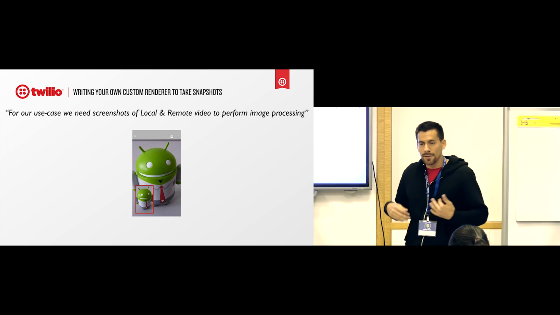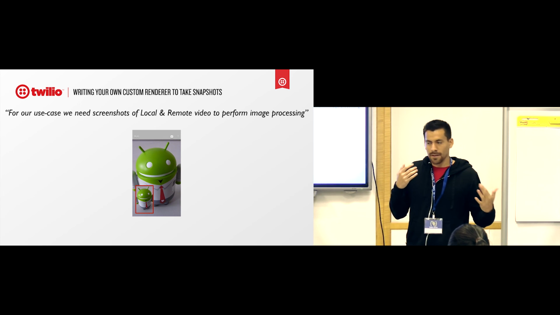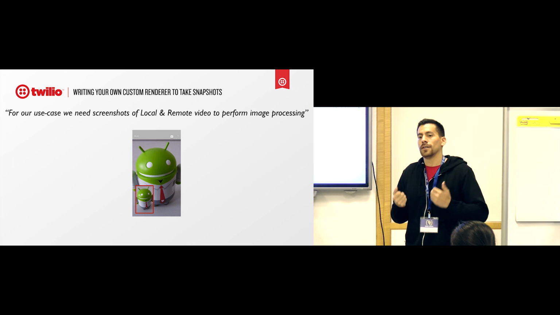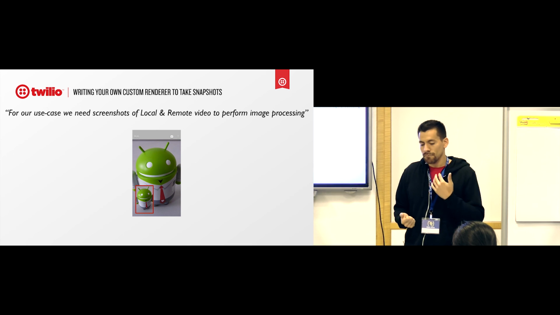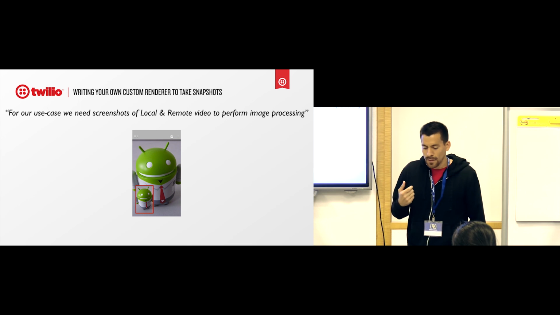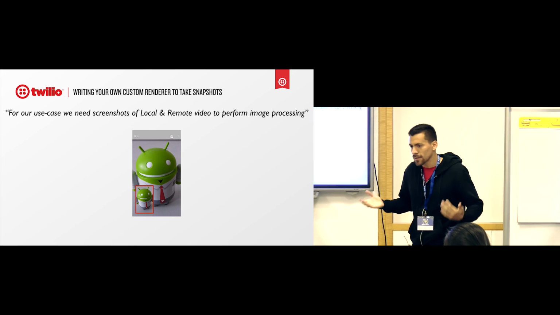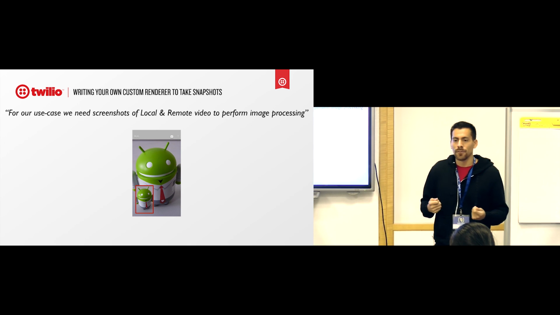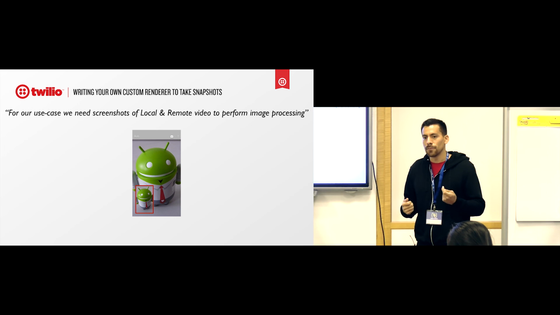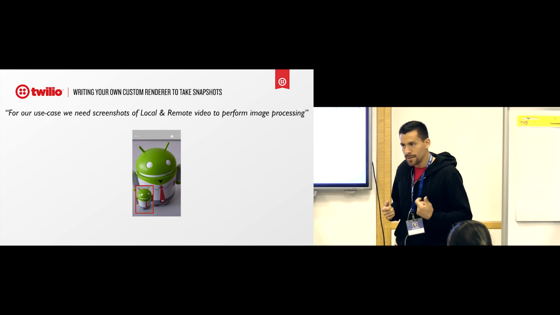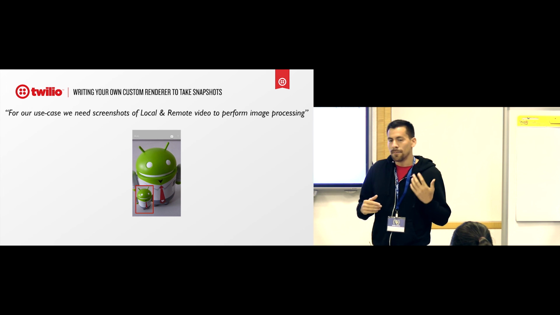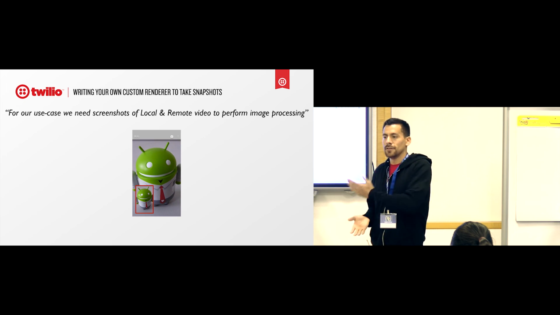So the question was, is there a way that I can take a snapshot of what's being displayed? What that really means in this customer's case is he wanted to take the frame, which is this I-420 frame, and then convert it to a bitmap that he could then post-process and do something with.